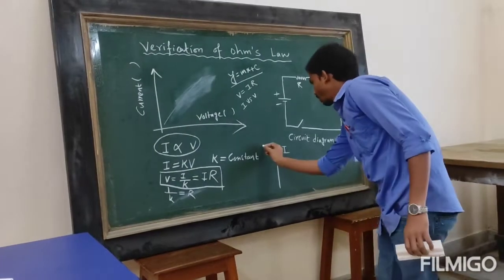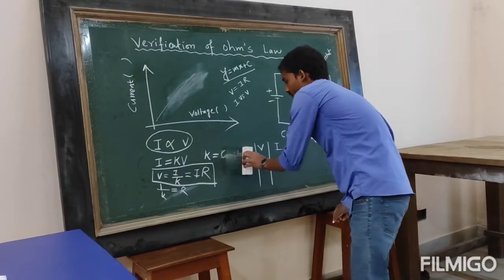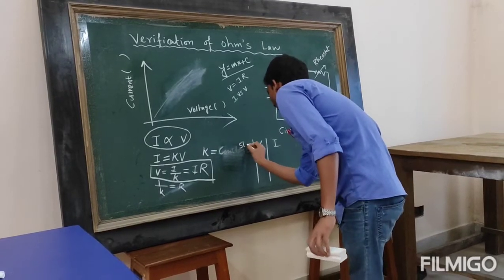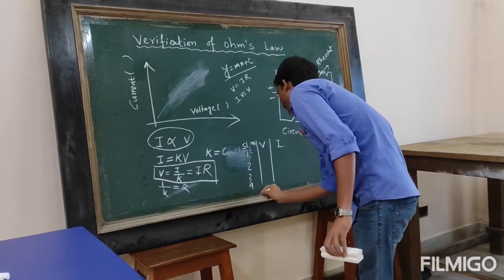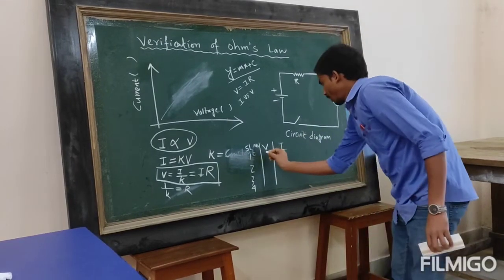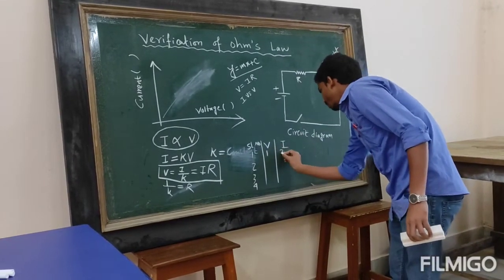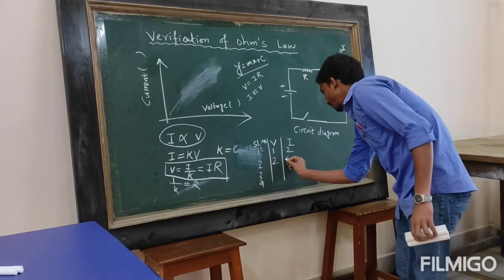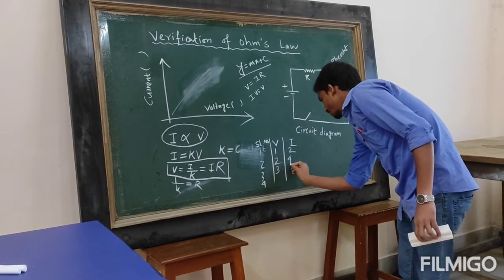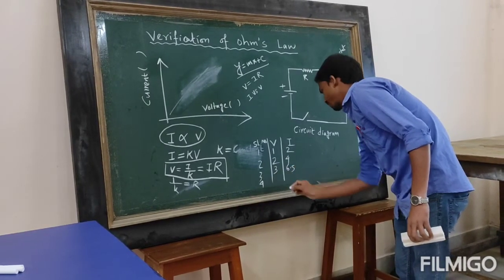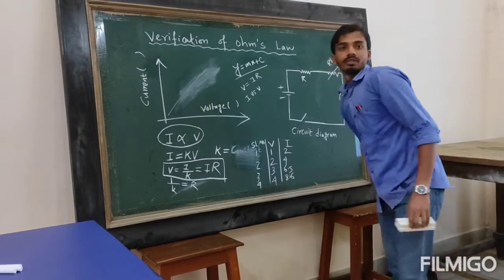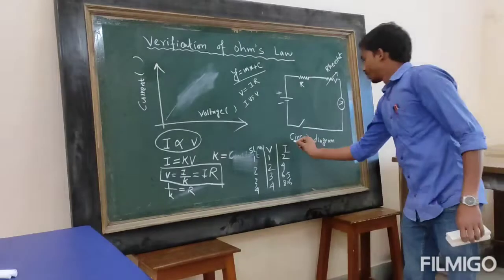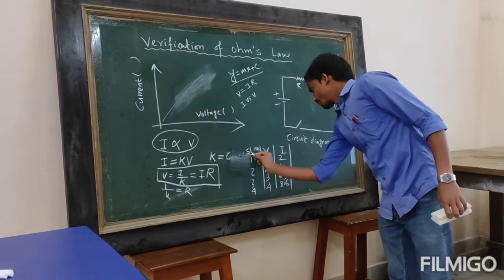Suppose the serial numbers are 1, 2, 3, 4. Suppose you apply 1 and you get 2, then 2 gives 4, 3 gives 6, like 6.5 or something else, and 4 gives 8.6. This is what you get from experimental data.